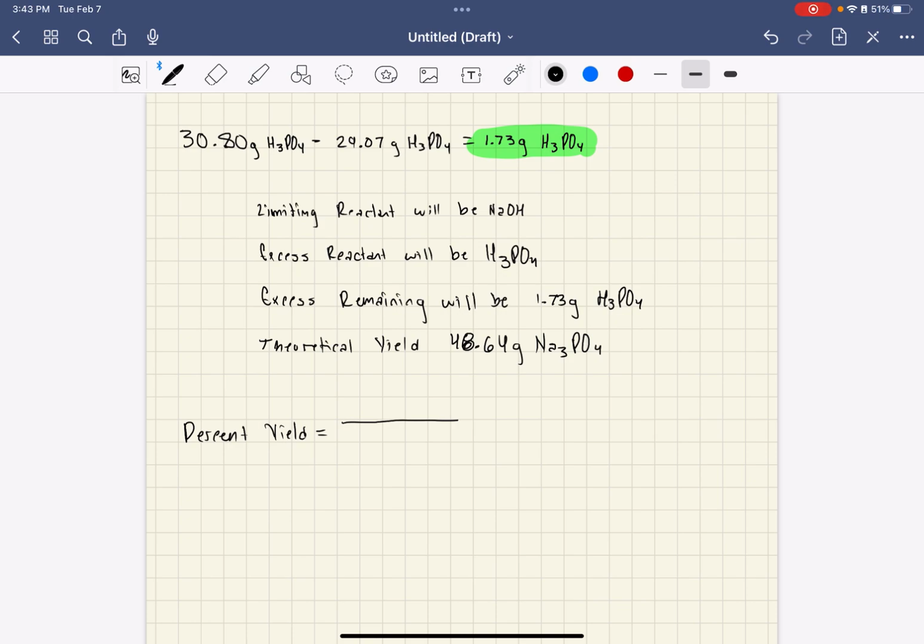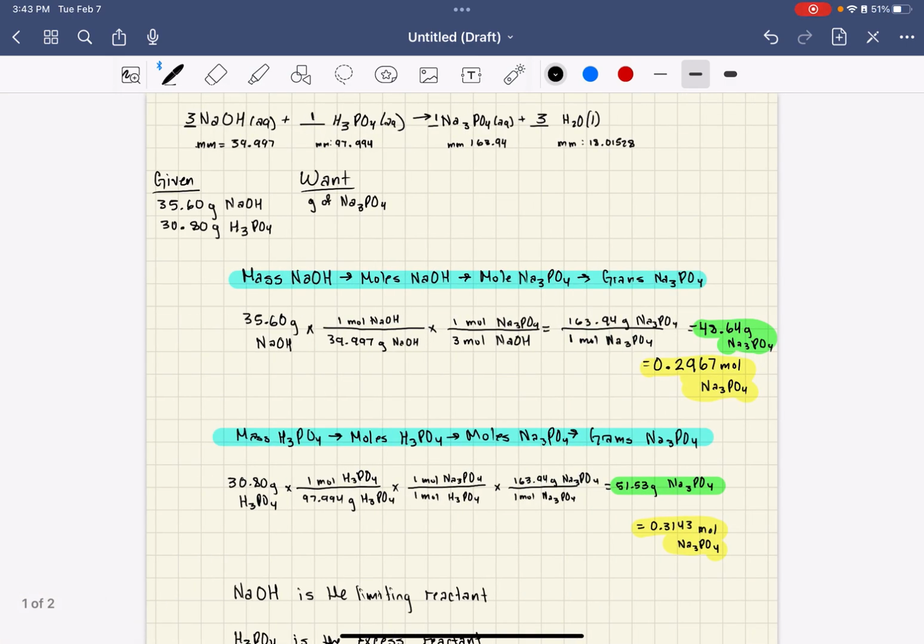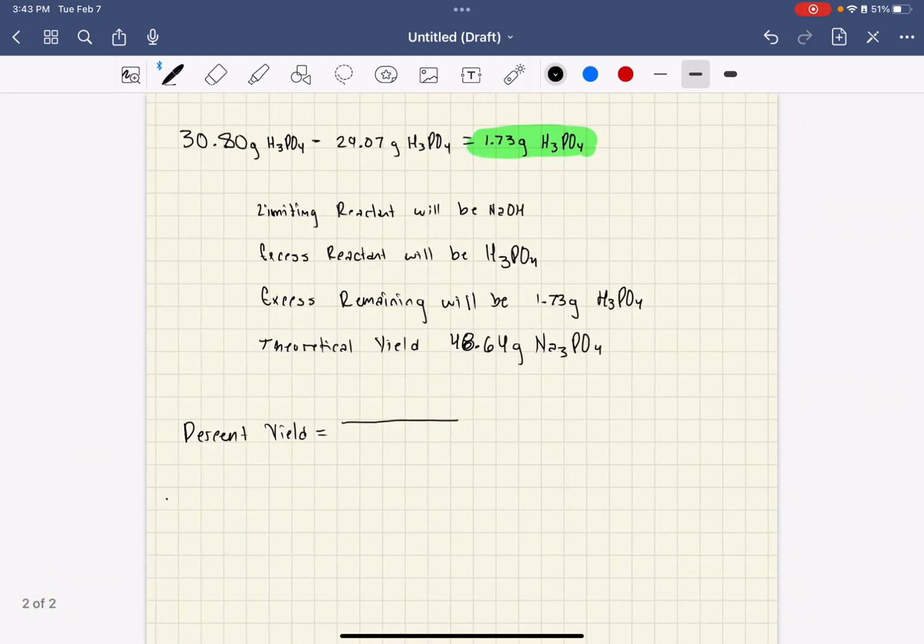But let's just make up a number. Let's say the actual yield that was given to us was 40 grams. That will be your actual yield.